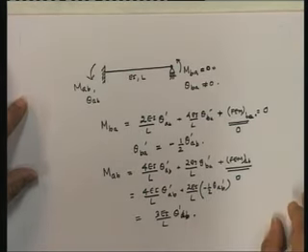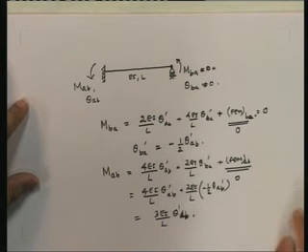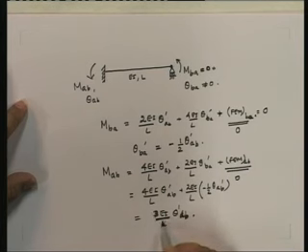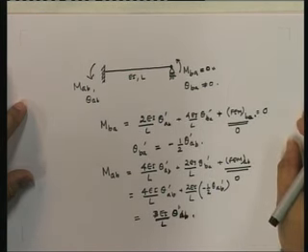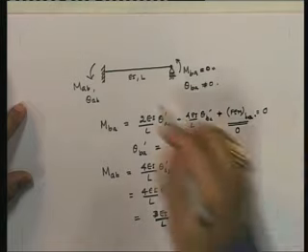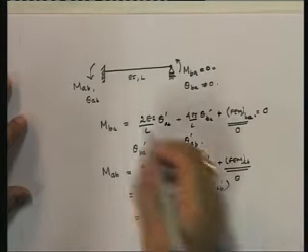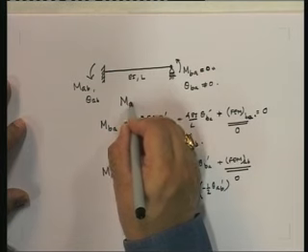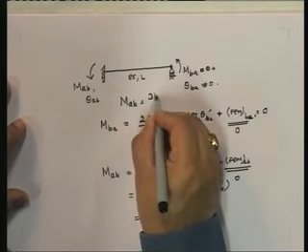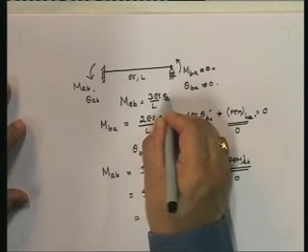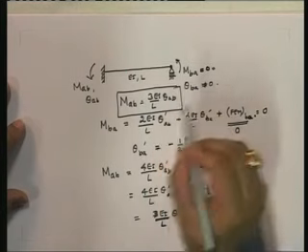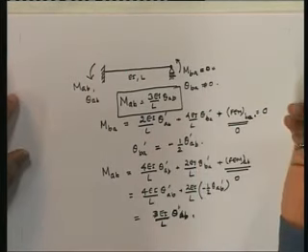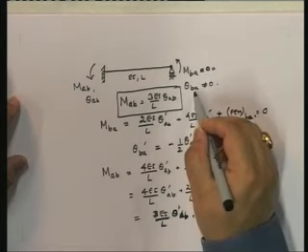Okay, so if you look at this, this becomes equal to 3EI upon L theta AB prime. In other words, MBA is equal to 0 and MAB is equal to 3EI upon L theta AB prime. In other words, the only relationship that we are left with in this particular situation, the force deformation relationship, is MAB is equal to 3EI upon L theta AB, because MBA is equal to 0. Okay. What is theta BA equal to?